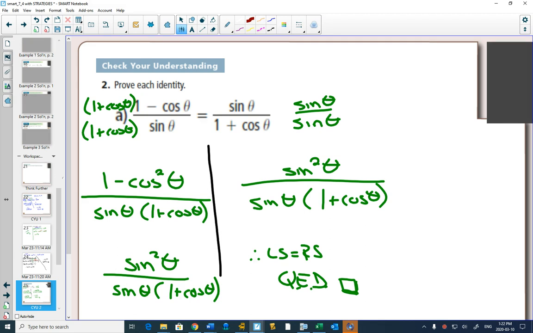Now on our strategy sheet, it had multiply by 1 and had the word conjugate in brackets. But my question is, from grade 10 and grade 11 math, do you remember what the conjugate is mathematically? Do you even remember hearing that word? So if you have x plus 3, the conjugate is x minus 3.